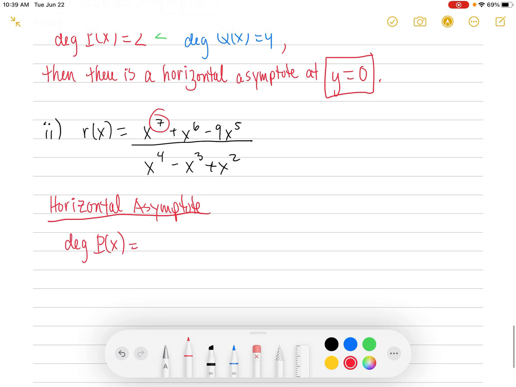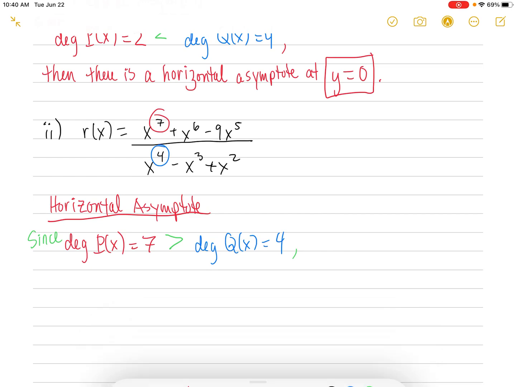On top you have a degree of 7, so the degree of p of x is 7. And on bottom, q of x has a degree of 4. This time the top has a larger degree than the bottom. So since the degree of the top is larger than the degree of the bottom, there is no horizontal asymptote.